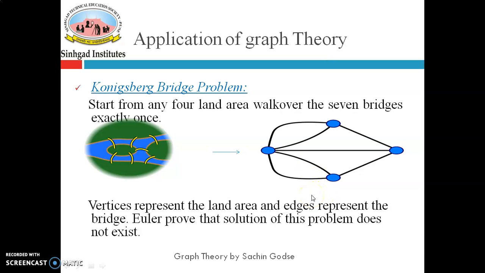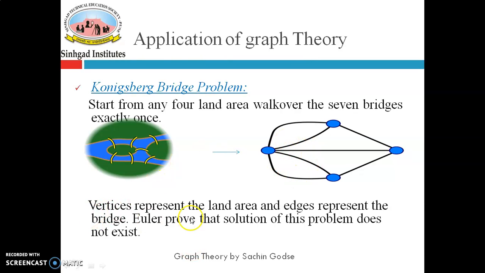The condition is that 0 or 2 vertices should have odd degree, and only then will an Eulerian path exist. This condition is not satisfied, so the statement that you can start from any land area and walk over the 7 bridges exactly once is not possible. We can prove that by the Eulerian path theorem.